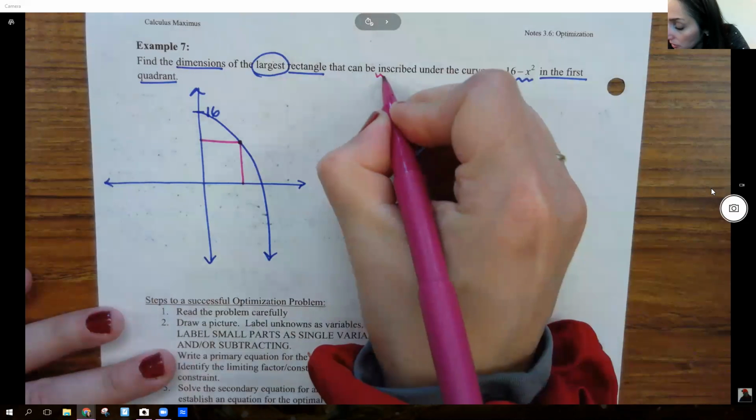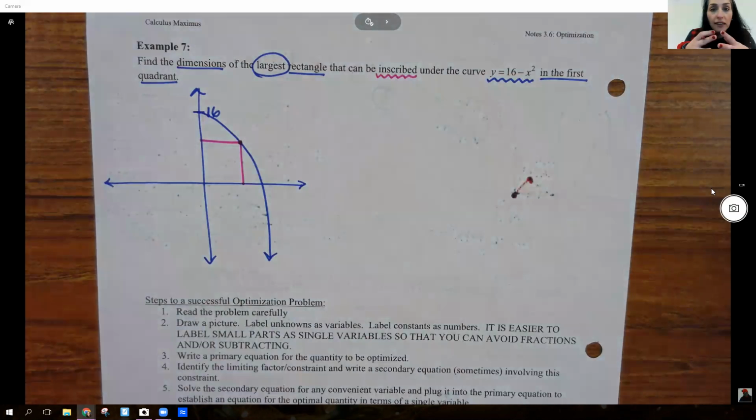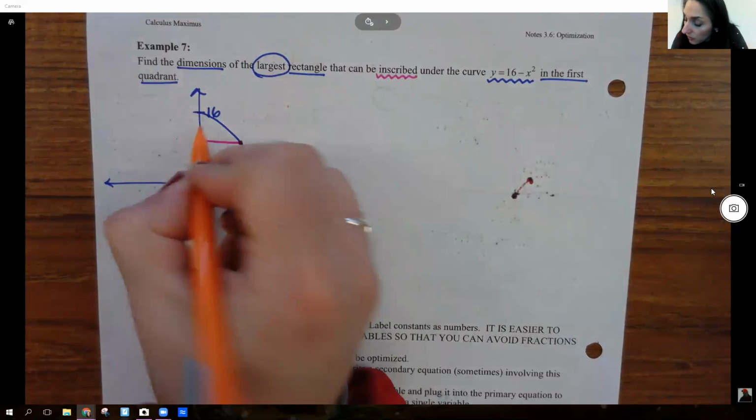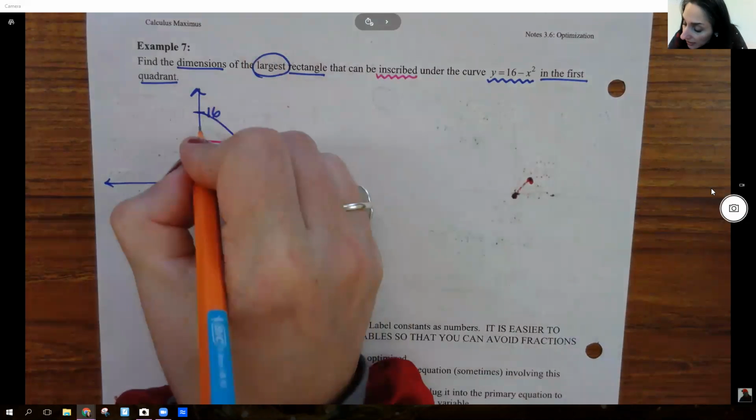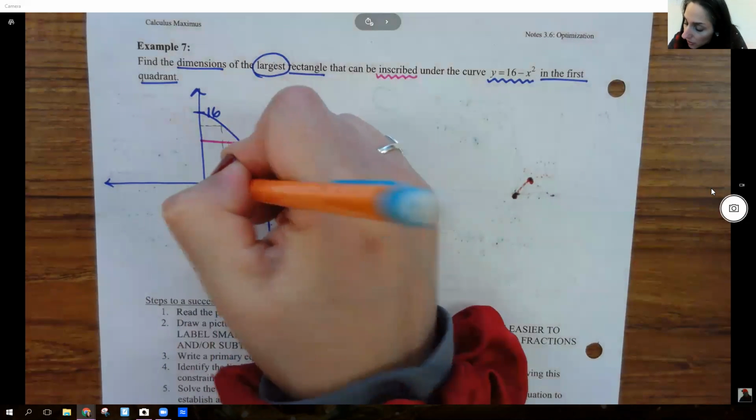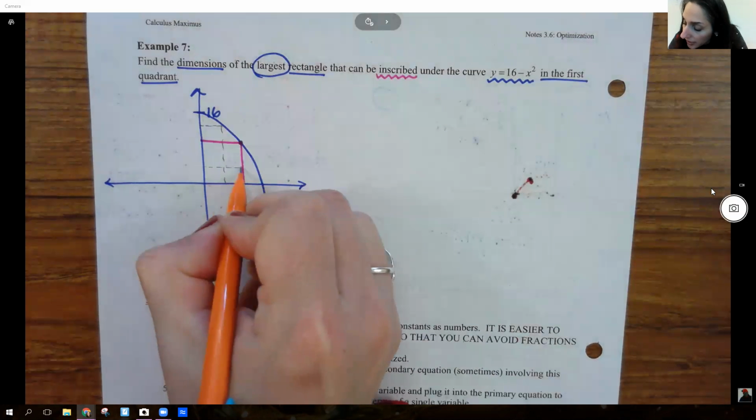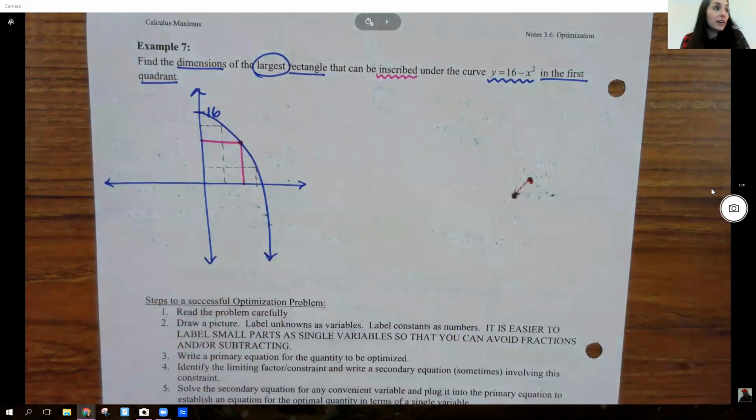Inscribed means it's inside the curve. So I don't know exactly how this rectangle is going to work. I don't know if it'll be a tall and skinny rectangle, or a short and kind of wide rectangle. There's lots of different rectangles that we could draw. We just have to figure out what the biggest one will be that will fit in that space.